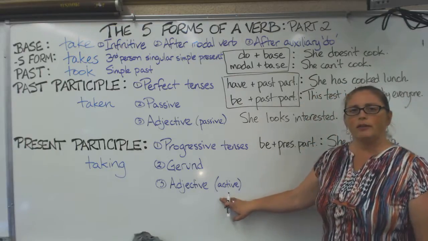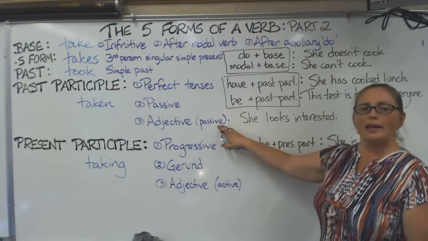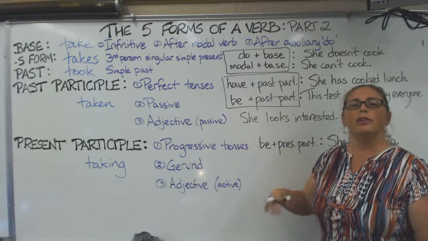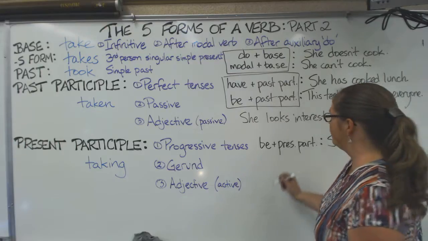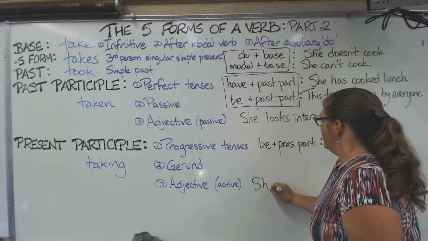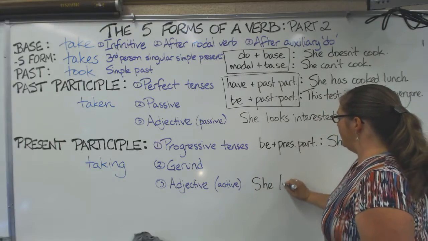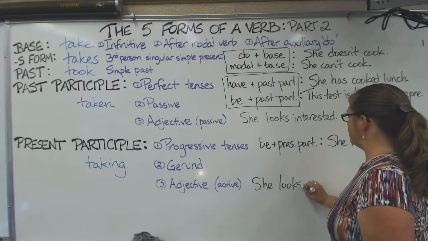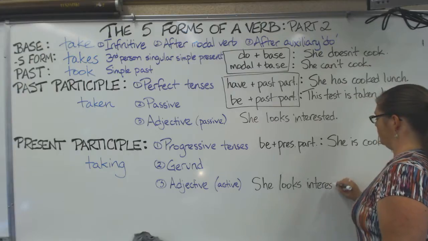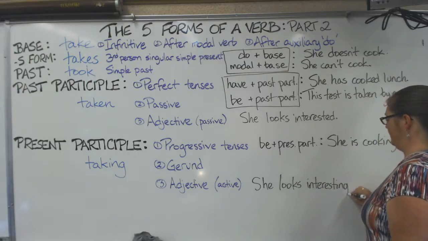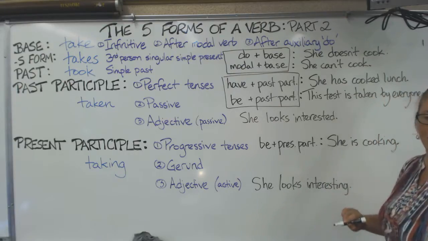And this adjective, same thing as here. You use it with the verb be or other linking verbs. If I do the same here, but now I say she looks interesting, that has a very different meaning.